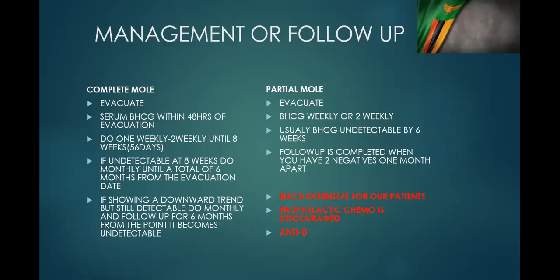Then you will check and check and check and see if it's going down at the point you reach the 8 weeks point. If it's going down at the time you reach the 8 weeks point, then you can continue doing that beta HCG every 2 weeks until you have a negative, until the levels become undetectable.